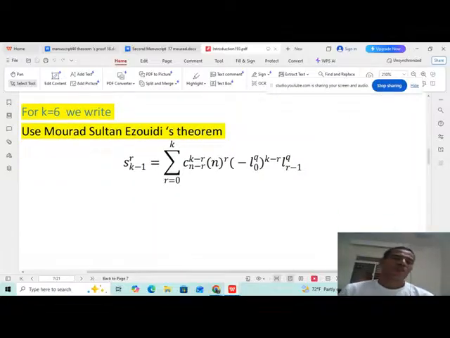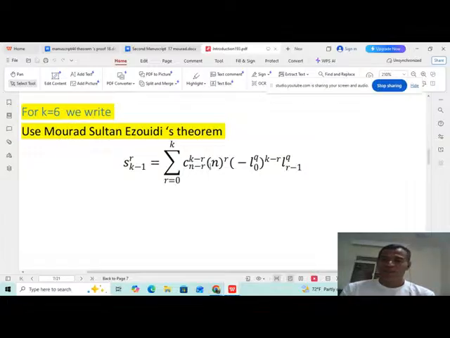To find the sixth coefficient, we should use Ezouidi theorem again and replace k with 6 to obtain S5. Then expand this and write it in its simplest form. When you write it in its simplest form, this formula is generalized to give you the sixth coefficient of any polynomial equation that you are working with.